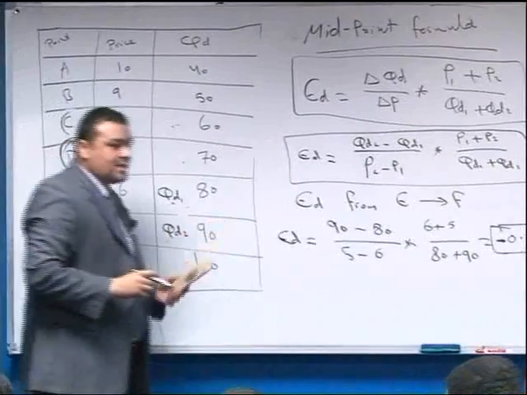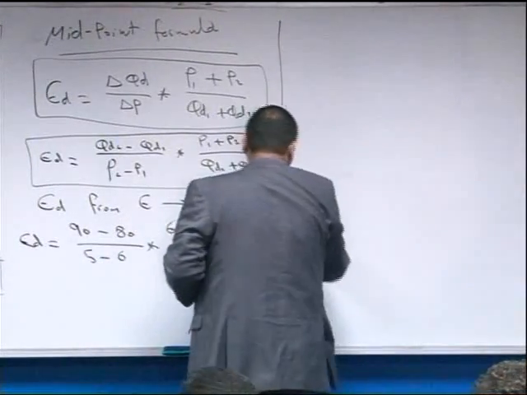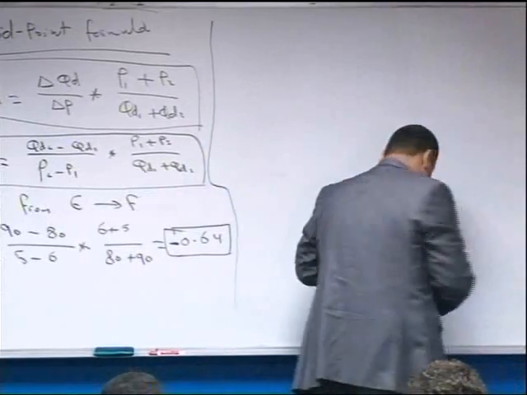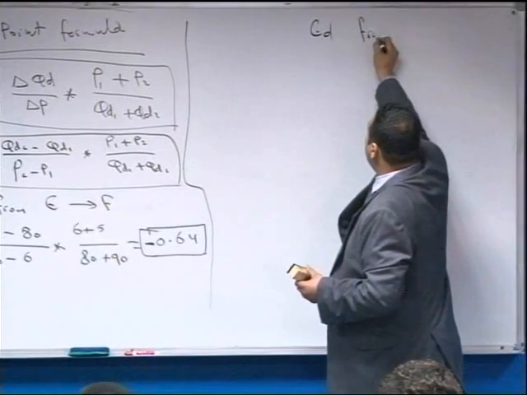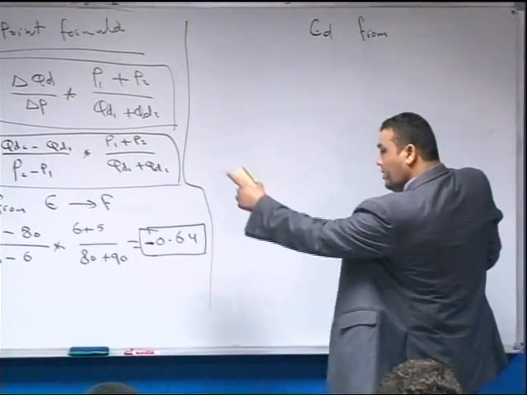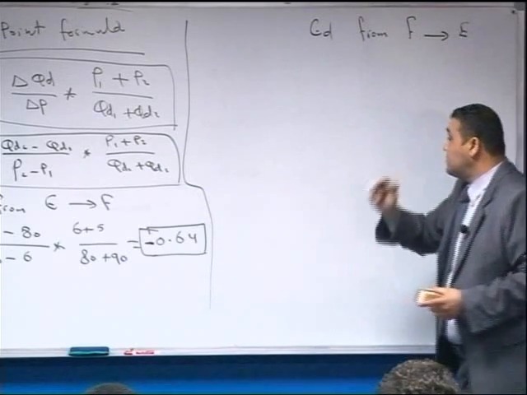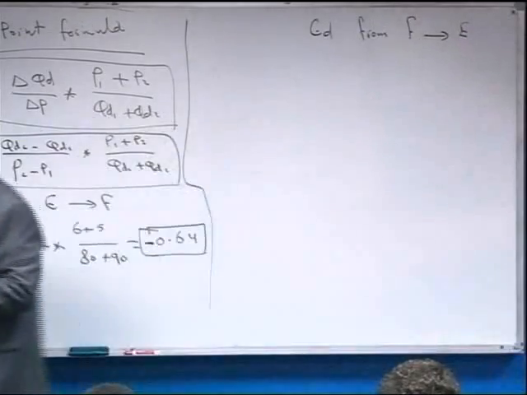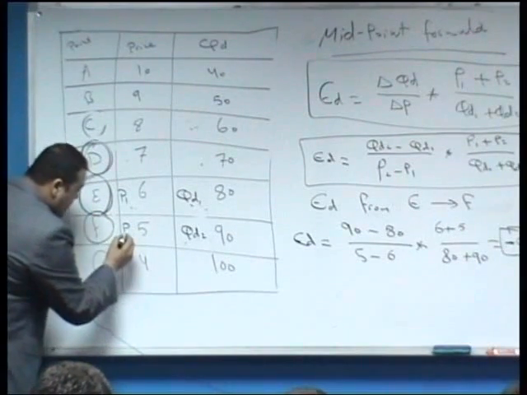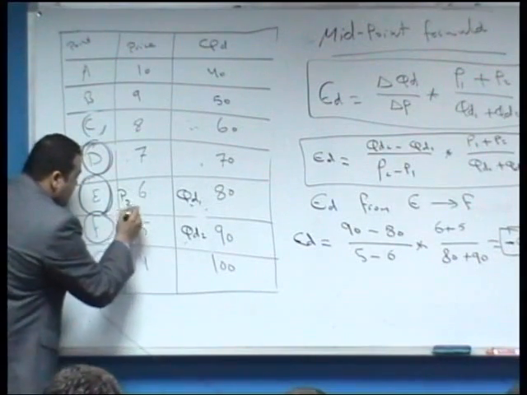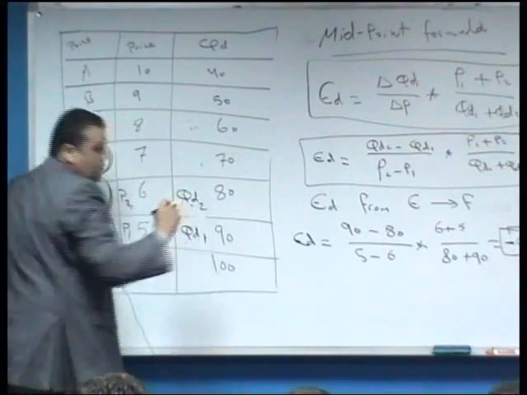Let's calculate the price elasticity of demand from point F to E. In this case, the price at F would be price 1 and this would be price 2, QD1, QD2.